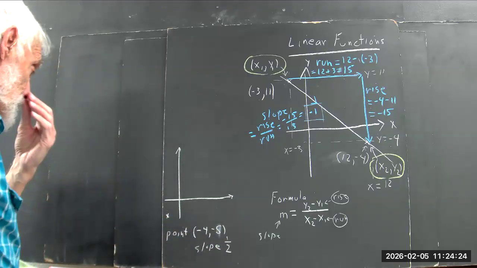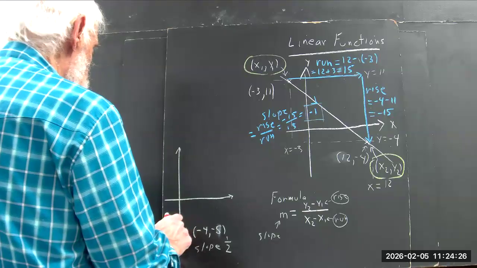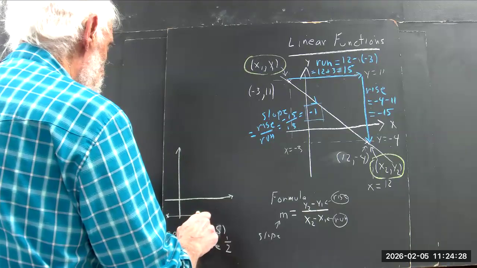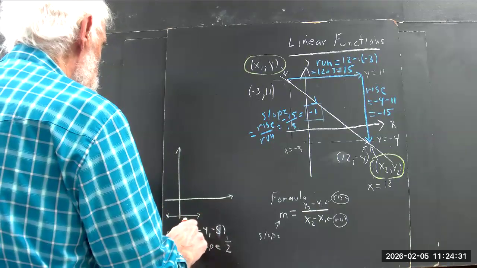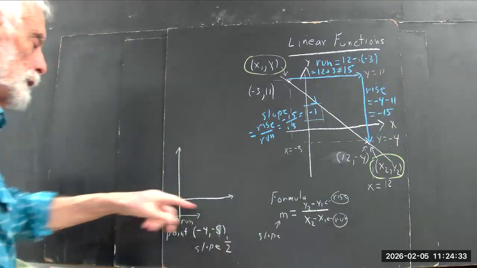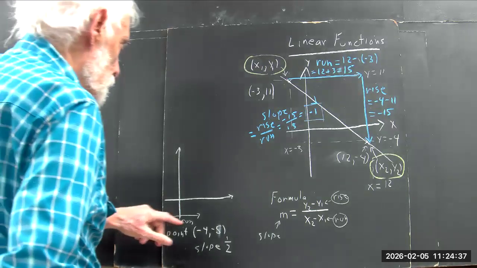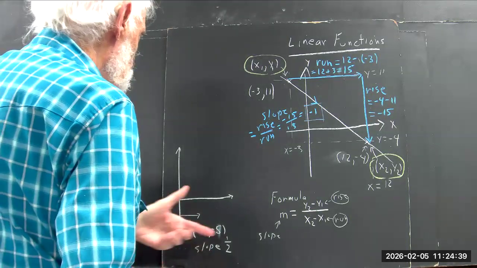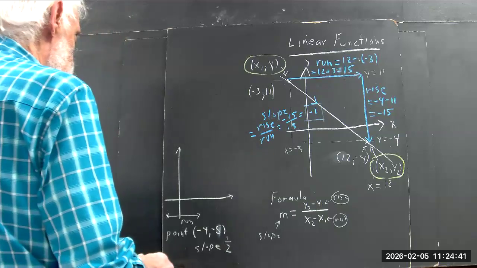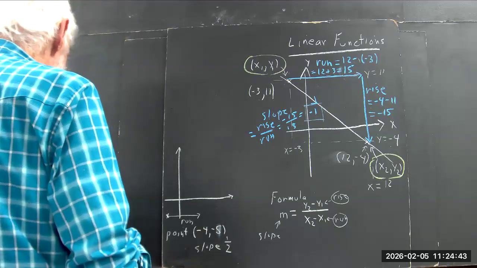Okay. So we could do a run here. And any old run will work. Okay. If I do a run and then I do a rise, it's half as big as the run.